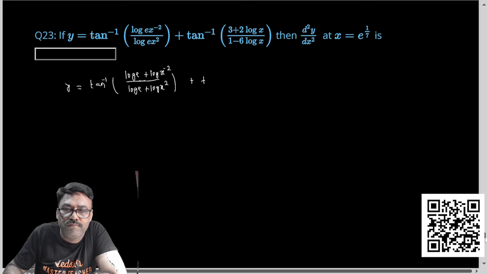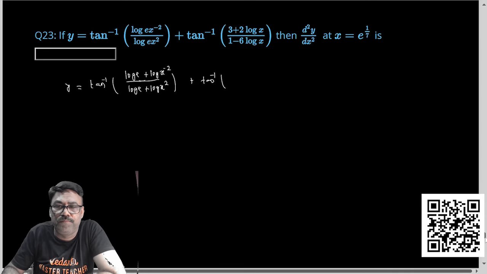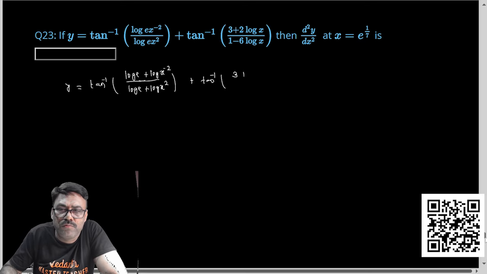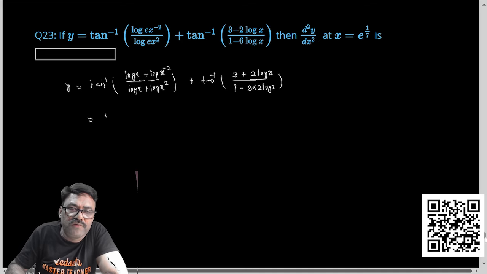Just divide: tan inverse of 3 plus 2 log x over 1 minus 6 log x. Okay, so I can write it as 3 plus 2 log x and 1 minus 3 into 2 log x. Now this is tan inverse of 1 minus 2 log x over 1 plus 2 log x.